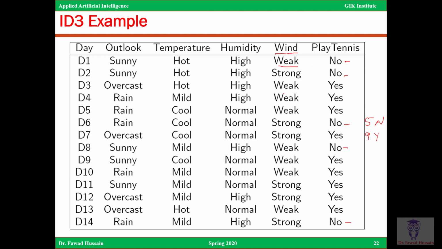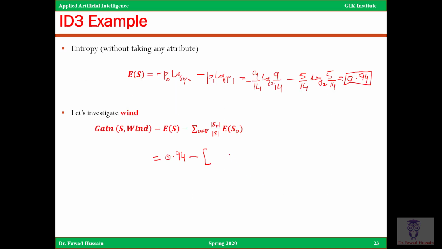There is 1, then 2, 3, 4, 5, 6, 7 and 8. So there are 8 instances of weak, which means there are 6 instances of strong. So this is going to be 8 divided by 14. Now we have to calculate the entropy where S wind is equal to V.